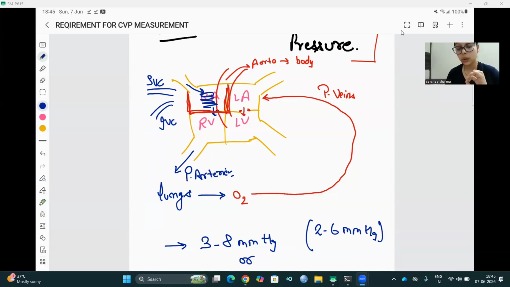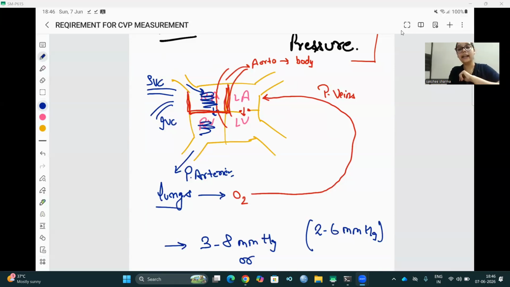The blood was supposed to go into the lungs through the pulmonary artery, but the right ventricle is not working properly, so it will not pump the blood forward. Again, the blood will start pooling, which is right-sided heart failure.